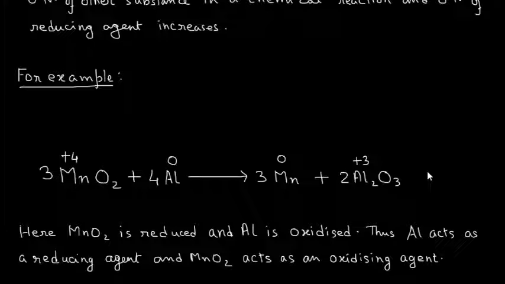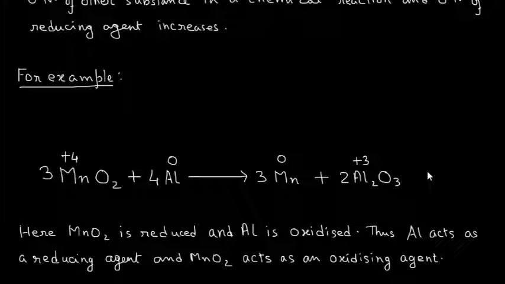So here MnO2 is reduced. On the other hand, aluminium's oxidation number is increased from 0 to plus 3. Therefore, aluminium is oxidized. Thus, aluminium acts as a reducing agent and MnO2 acts as an oxidizing agent.